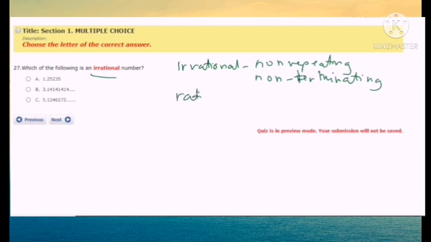While rational numbers are either repeating, it could be that it has no end but it repeats, it has a pattern, or it is terminating, it has an end. So if we look at the examples here, letter A has an end, there's no ellipsis at the end, so it's rational. Letter B, there is a pattern 1 4 1 4 1 4 1 4. It's repeating, so it's still rational. While letter C, there's no pattern and there is an ellipsis, so this is irrational. So letter C is the answer.